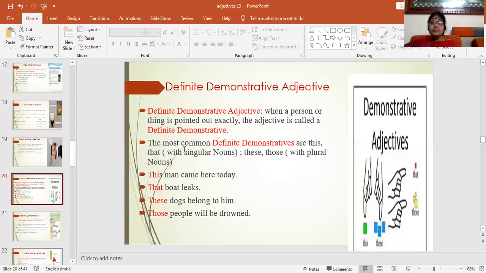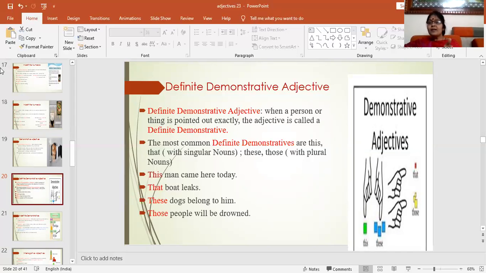Now, definite demonstrative adjective is when a person or thing is pointed out exactly. Then we call it definite demonstrative, right? The most common definite demonstratives are, in singular, this book, this boy, that book, that boy, right?